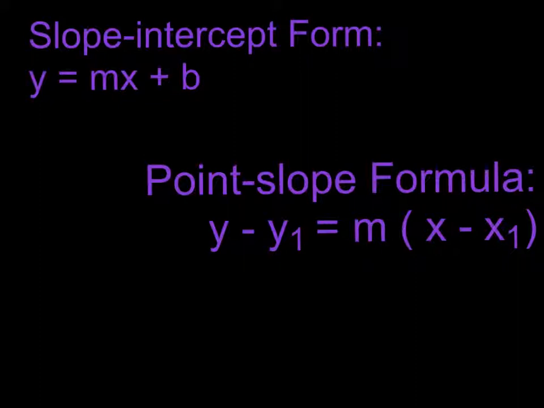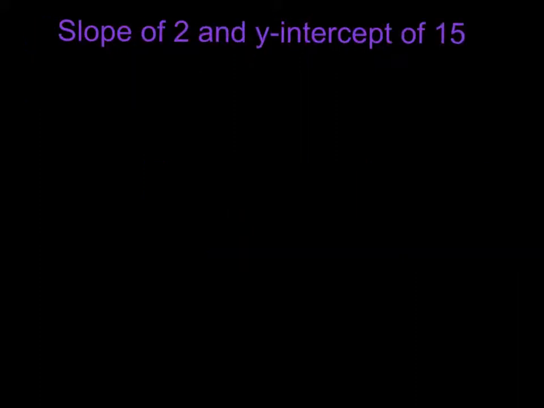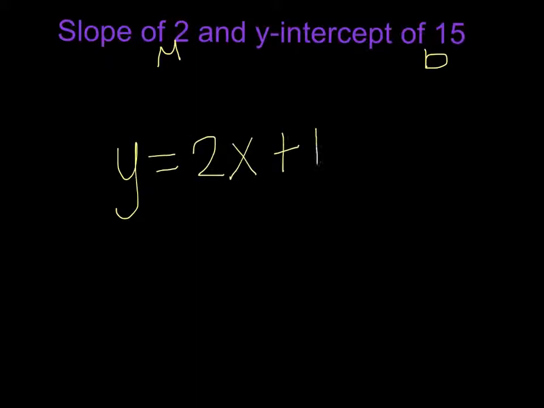So let's look at that first example. You're given a slope of 2 and a y-intercept of 15. Remember, our slope is m and our y-intercept is b. So all we have to do in this example is plug in: y = 2x + 15. And that's the equation of our line. Let's go on to example 2.